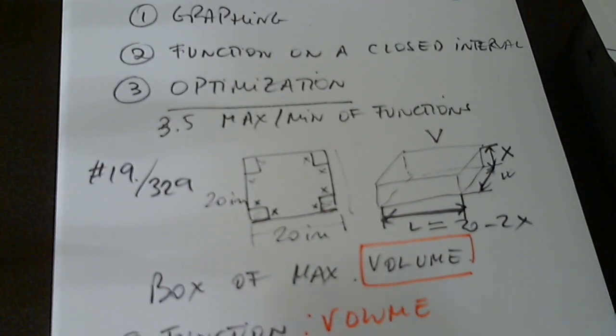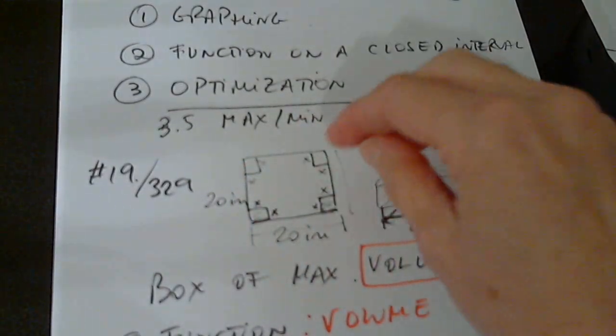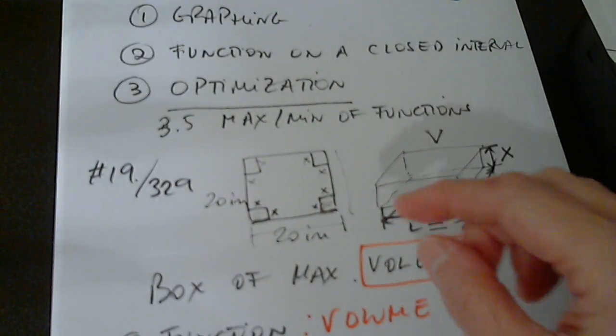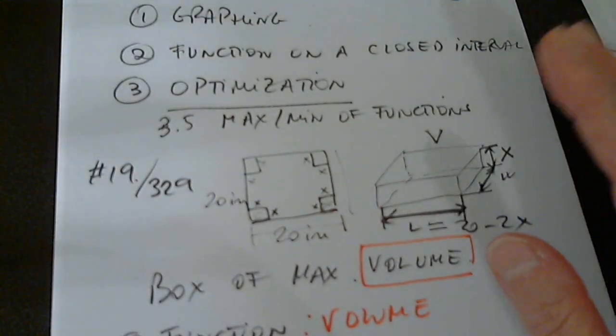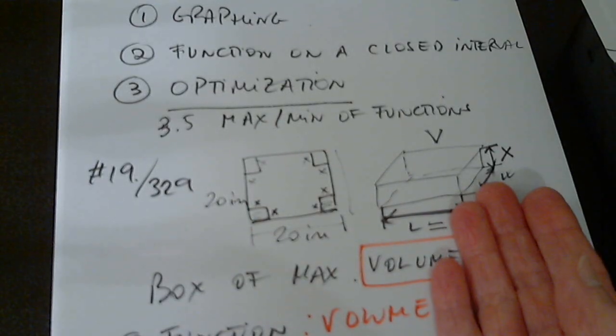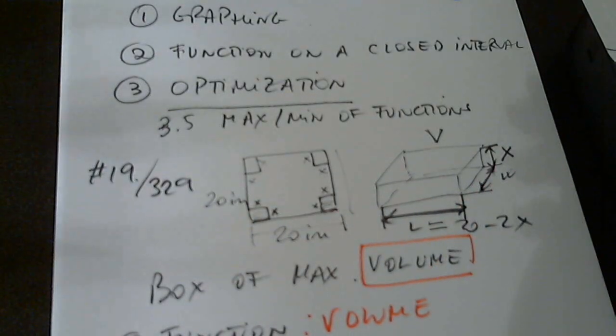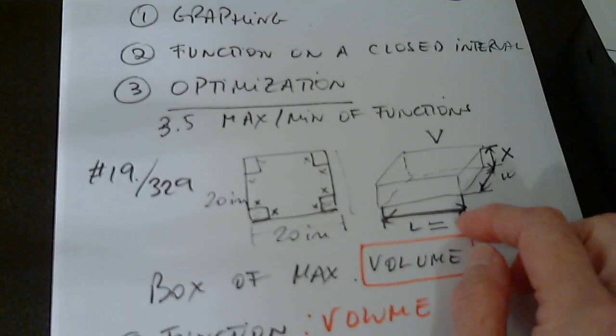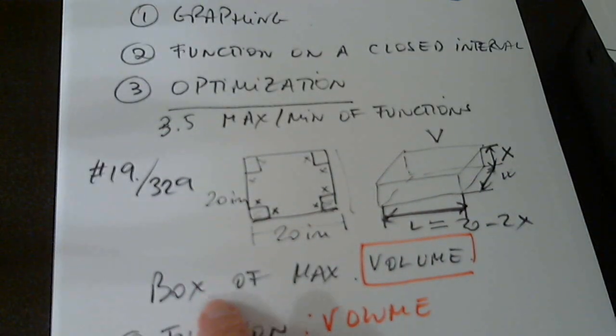Again, let's summarize from the beginning. We're given this cardboard. We are told to remove from each corner the same size square, x by x. Create a box. I did. Then they're saying, okay, find the length, the width, and the height in order for the box to have a maximum possible volume.